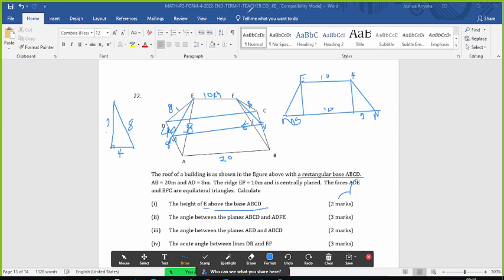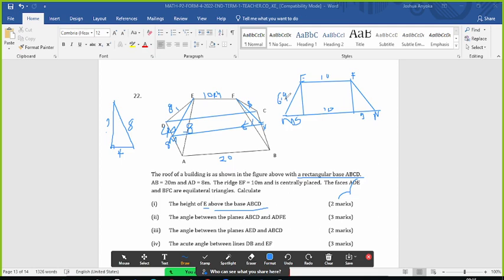What is the root of 48? 6.9. Yes, but let's work with that.